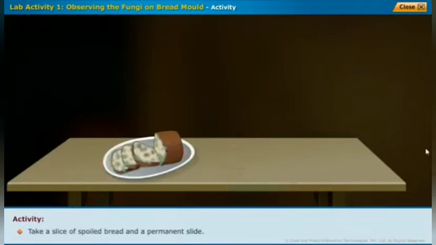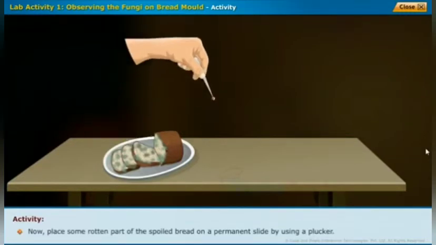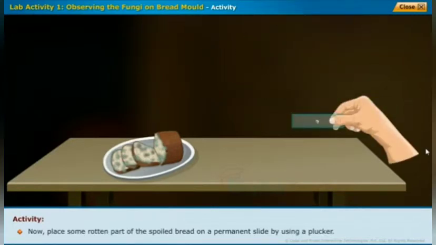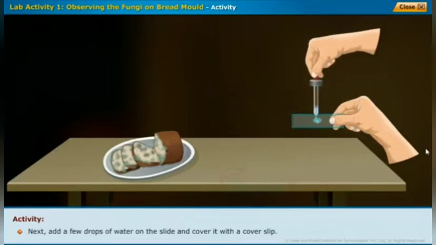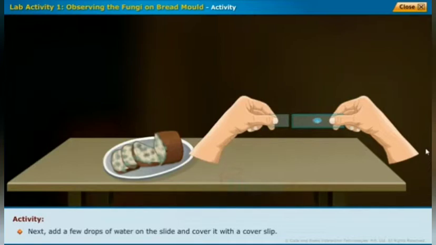Take a slice of spoiled bread and a permanent slide. Now, place some rotten part of the spoiled bread on a permanent slide by using a plucker. Next, add a few drops of water on the slide and cover it with a cover slip.